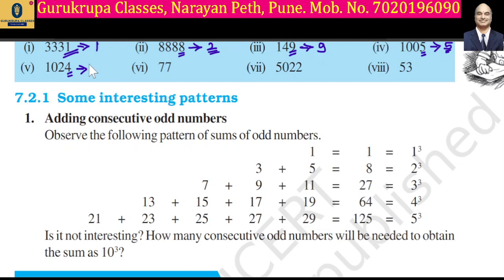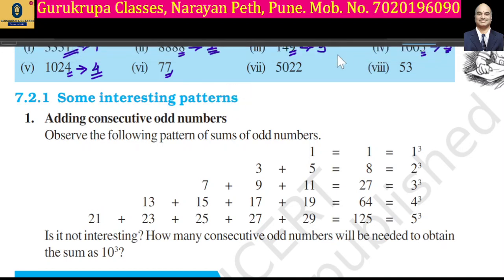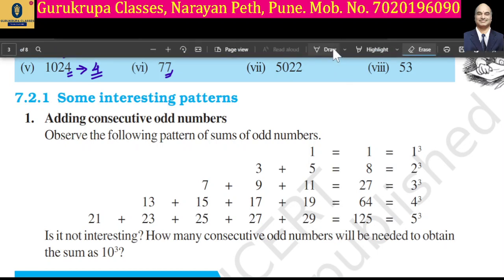So here we get again 4 in the unit digit. 7's cube, what do we get? 7 sevens are 49, and 49 into 7 we get 343. Okay. So here we get 3 in the unit place of the cube of 77.